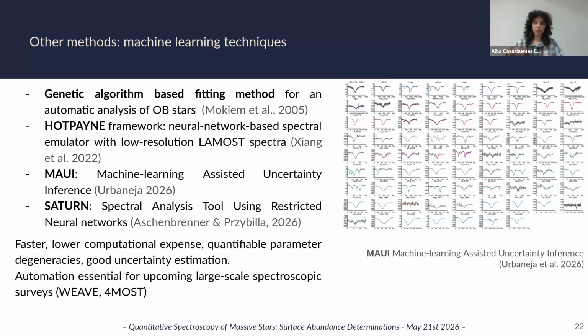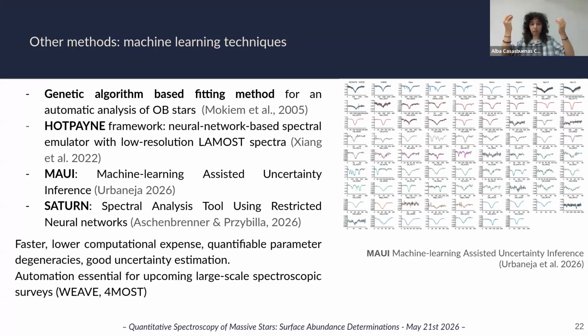Here I'm presenting some works, again, not a comprehensive list of works that are using machine learning, but some people who are doing some important work with machine learning techniques in quantitative spectroscopic analysis.